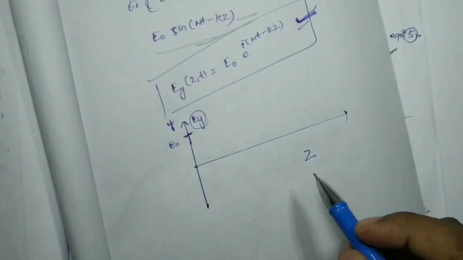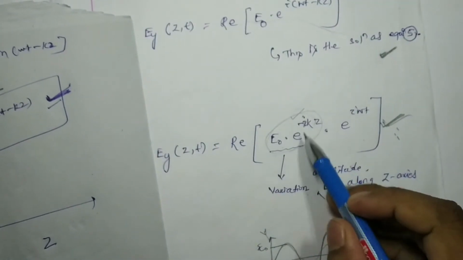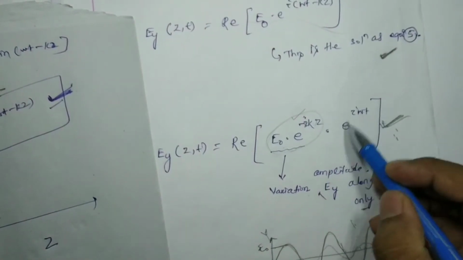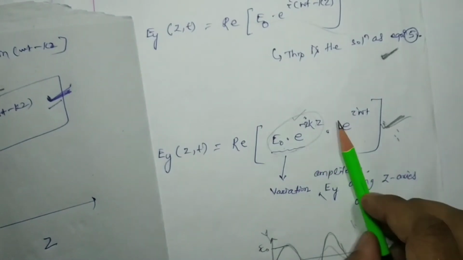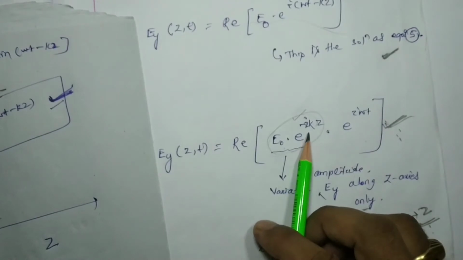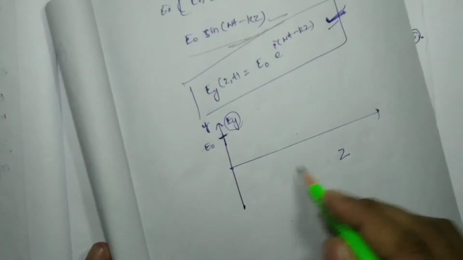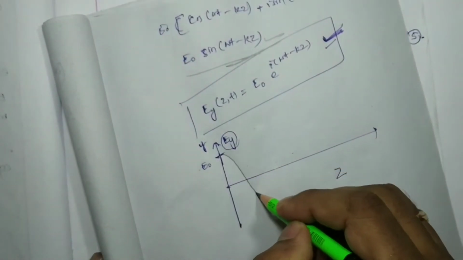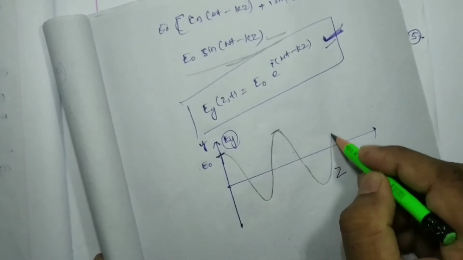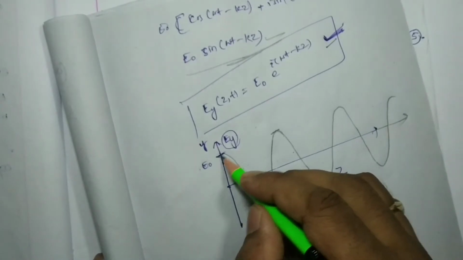It is going to vary, which means it will be an oscillatory function. See, e to the power minus i kz or e to the power plus i omega t, both are oscillatory functions because they contain sine and cosine functions. So with respect to z it oscillates like this. That means the amplitude varies with respect to z. As z changes, its magnitude also changes.